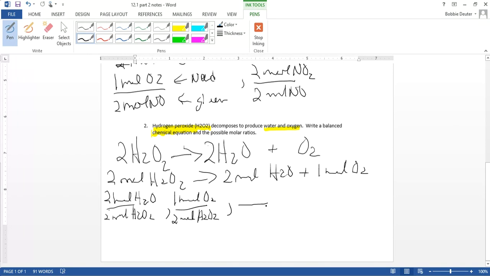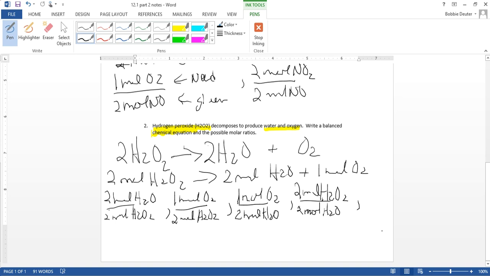Say we're given how much mass of water. We know how much water we have, so we put water on the bottom. We need to find out the other product, so we would put 1 mole of oxygen on top. Let's see, we start with water again, moles of H2O, and we need to figure out how much reactant we started with. So then you would put 2 moles of H2O2 on top.